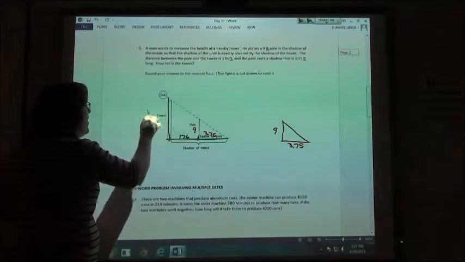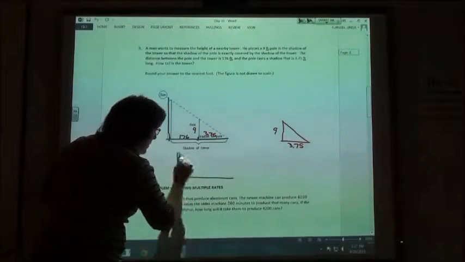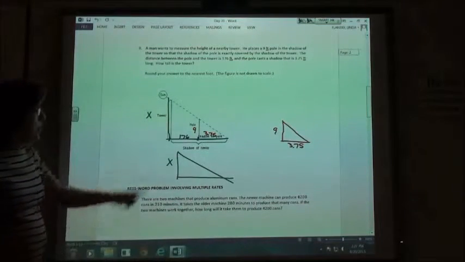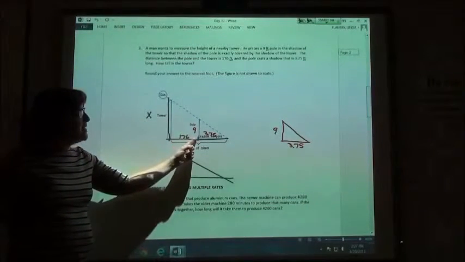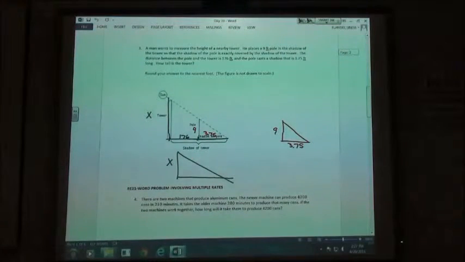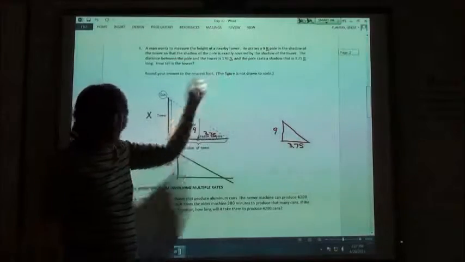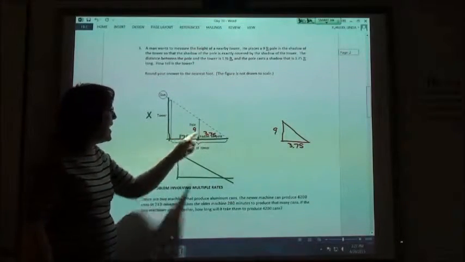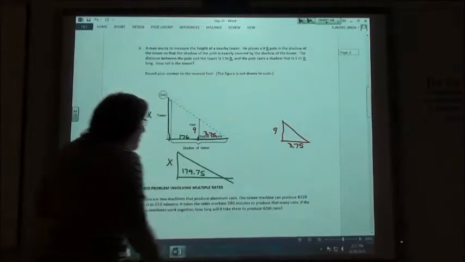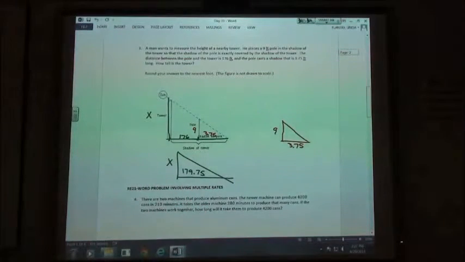So I'm trying to find the tower, and how big is its shadow? Well, I have this 176, but I still have the 3.75 over here. Obviously, the figure is not drawn to scale. It says that here. But I would need to add those together and use 179.75 for the full length of the shadow of the tower.